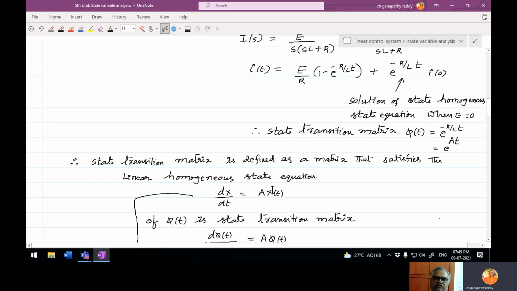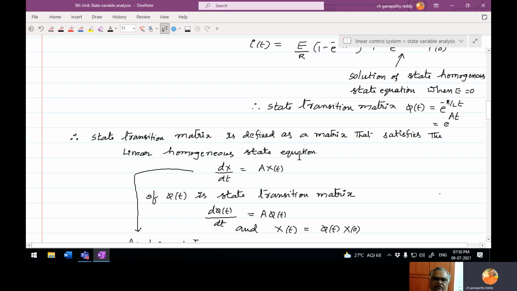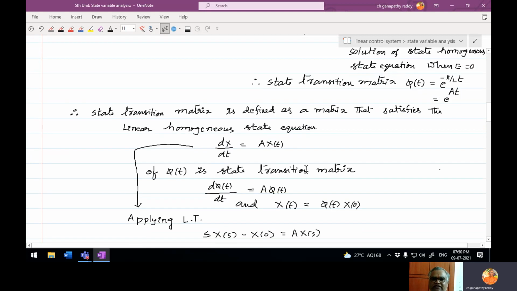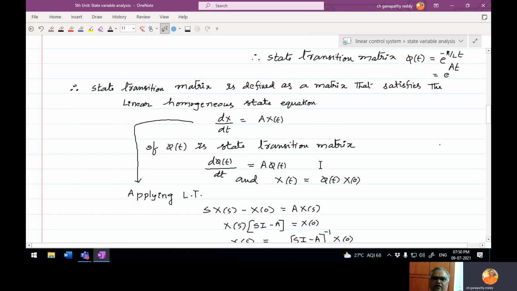This solution is called the state transition matrix. So the state transition matrix is defined as a matrix that satisfies the linear homogeneous state equation. If phi of t is a state transition matrix, then if that is a solution, it has to satisfy this differential equation.